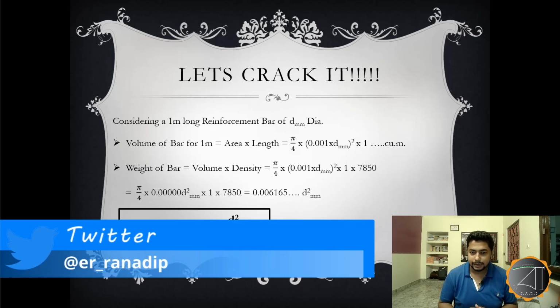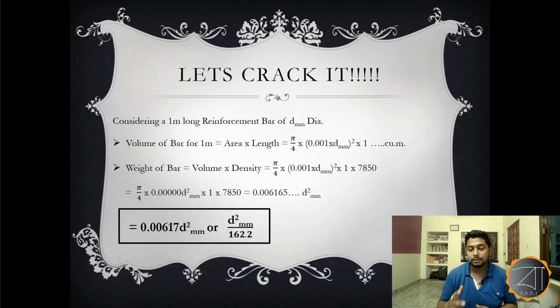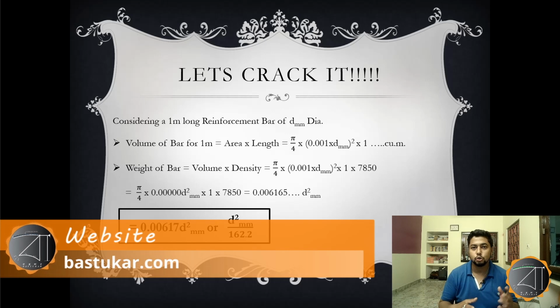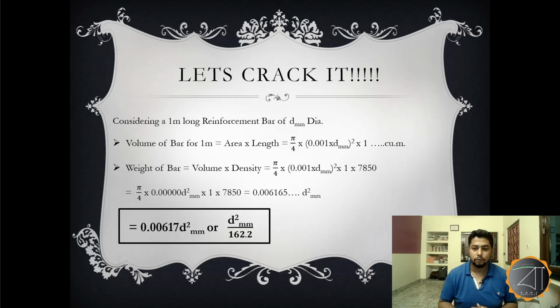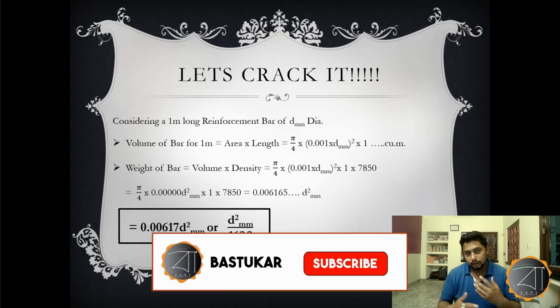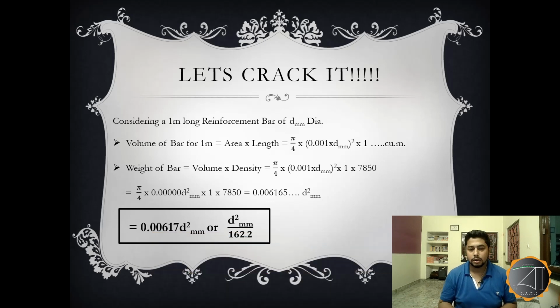I have multiplied by 0.001 because I am taking the whole thing into the metric system, in meter form, so ultimately the volume comes in cubic meter, multiplied by 1 because 1 meter is the length. So area into length comes as so and so cubic meter.